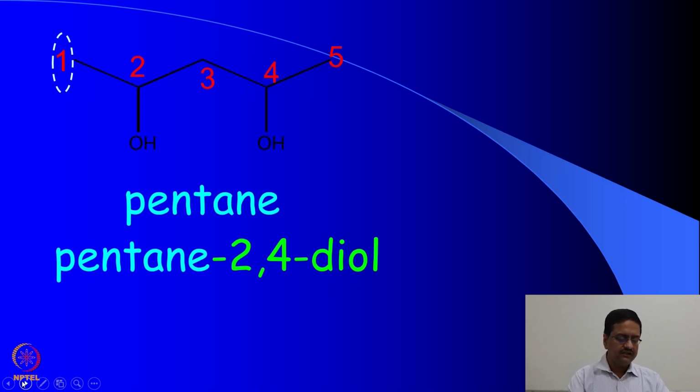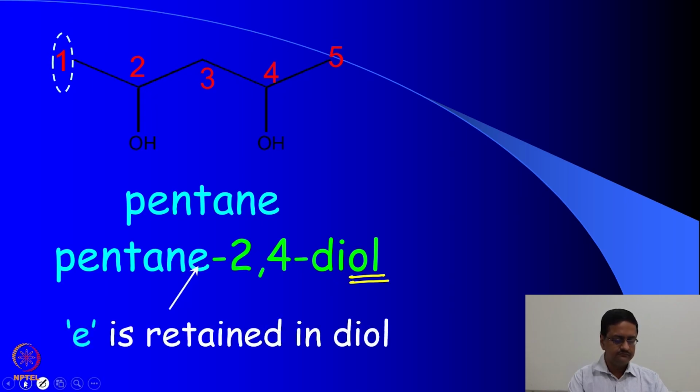So, therefore, the name of this molecule will be pentane-2,4-diol. So, the family name of alcohol that gets associated is the suffix OL, identifying the presence of alcohol. Now, you see that in this case the E is retained in case of diol, whereas in case of enyne that E was dropped.